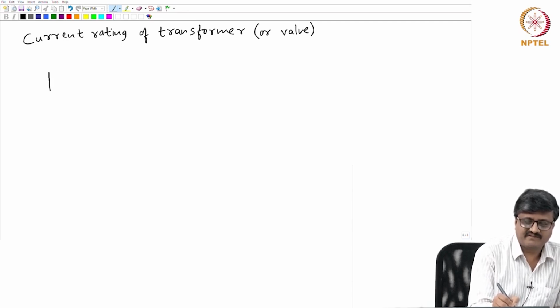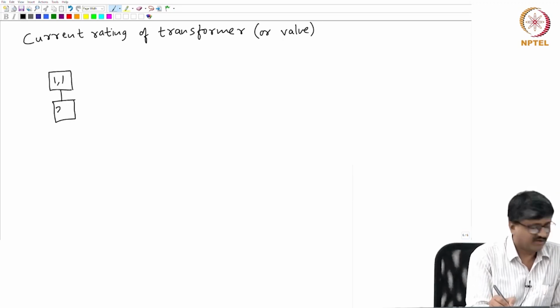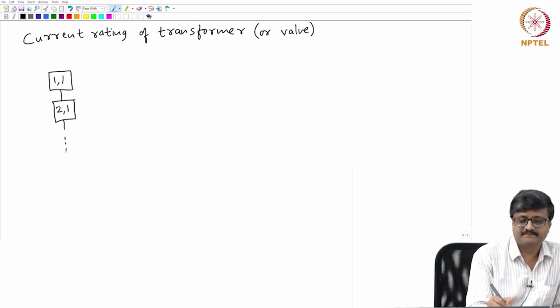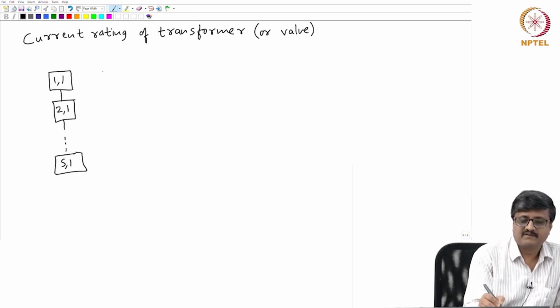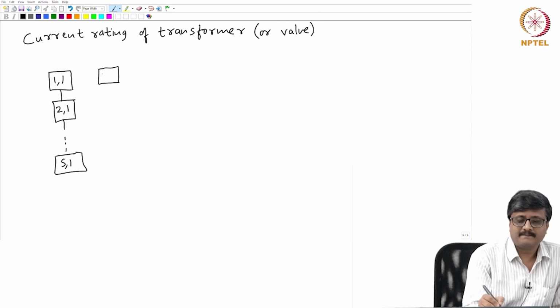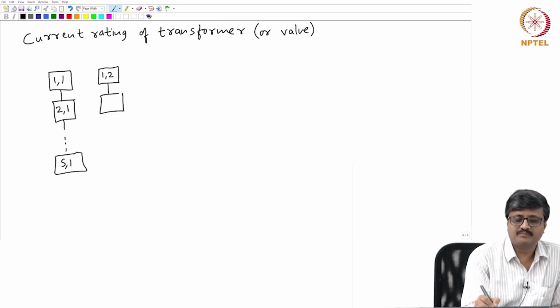Say the circuit is like this. I have many commutation groups connected in series: 1,1, 2,1 and so on up to S,1; 1,2, 2,2 and so on up to S,2.